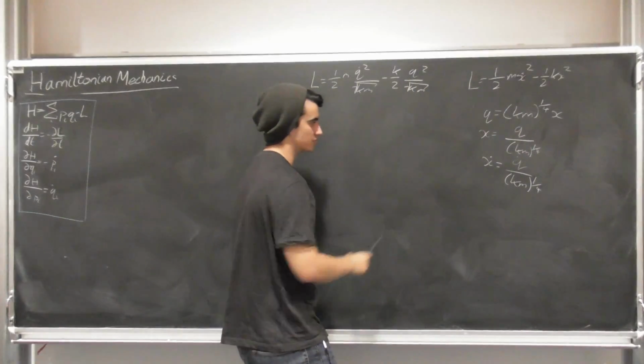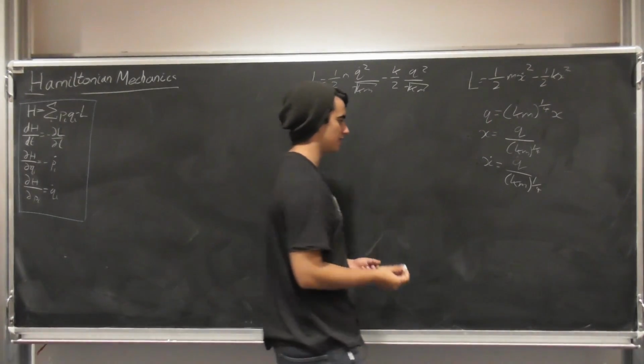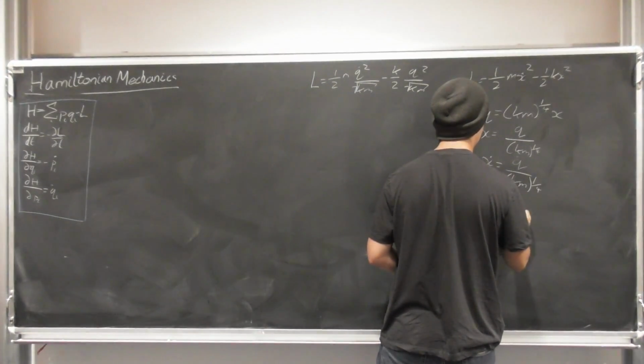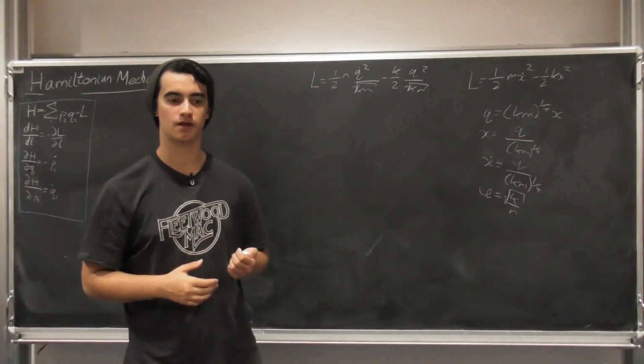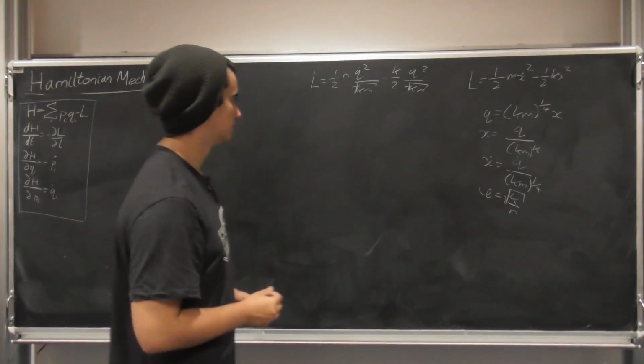And this just comes from squaring our x and x dot. And now we'll make another substitution, and we'll say that omega is equal to the square root of k over m. Now these substitutions don't actually change anything, they just make our notation a little bit easier to read.